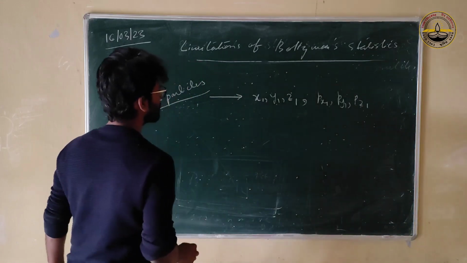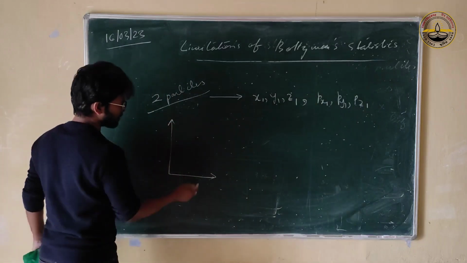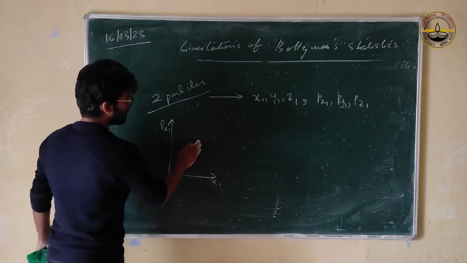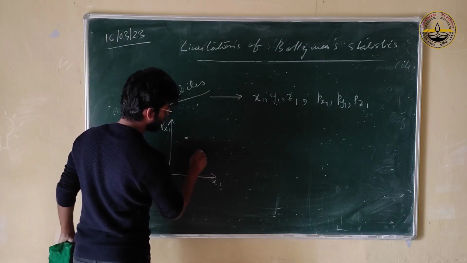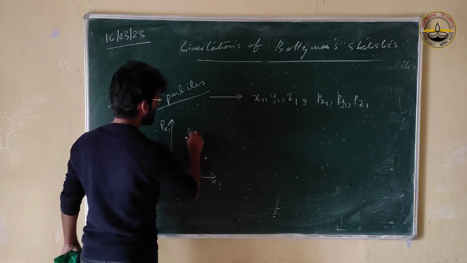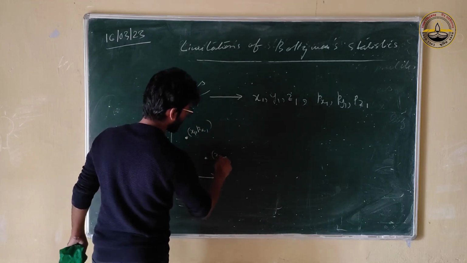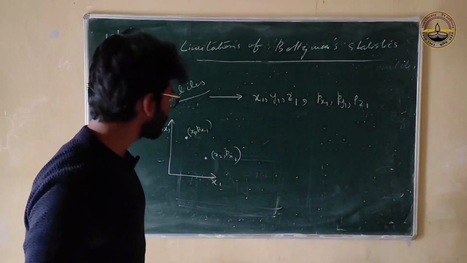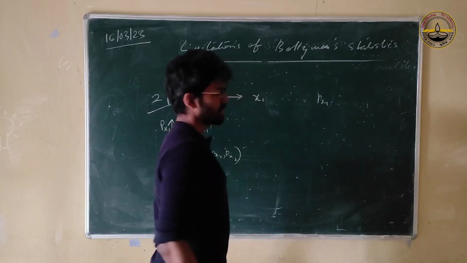If I just choose the one-dimensional case, then x1 and px1. So for two particles, we need two points there: x1, px1, and x2, px2. Let's forget about y and z because it's impossible to draw them.